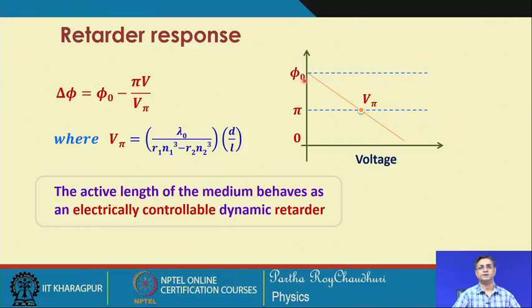So, it decreases as the voltage increases, and it becomes pi, which we will call the switching voltage, the V pi, that is the half voltage, and that we have seen before also. So, the active length of the medium behaves as an electrically controllable dynamic retarder. So, just by changing the applied voltage, one can actually obtain any desired amount of phase between 0 to pi by 2. So, that is a very useful device.